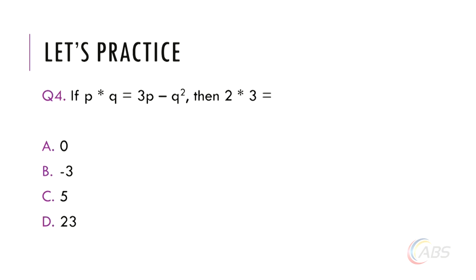Question 4. If P star Q is equal to 3P minus Q squared, then 2 star 3 is equal to. This is what we call a binary operation. So let's just reread the question. If P star Q is equal to 3P minus Q squared, then 2 star 3 is equal to what?